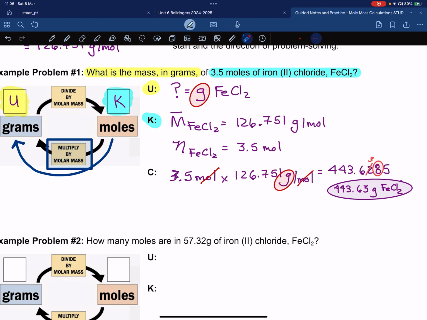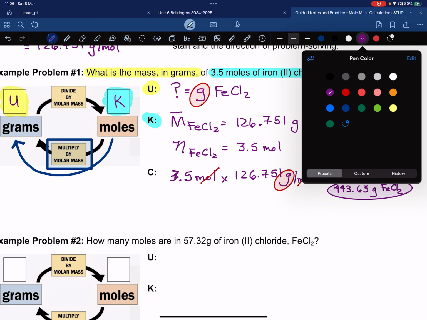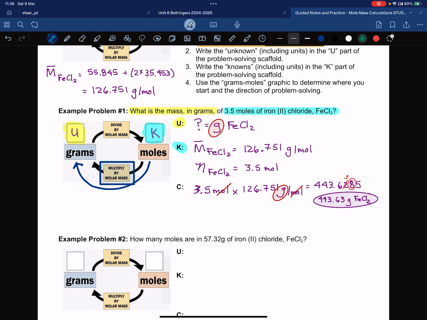Now a quick word about canceling of units. You know from math that if you multiply ratios, like 4 times 1 over 4, the 4's would cancel, because there's 1 on top, 1 on the bottom, and it leaves you with 1. You have a similar thing going on here.